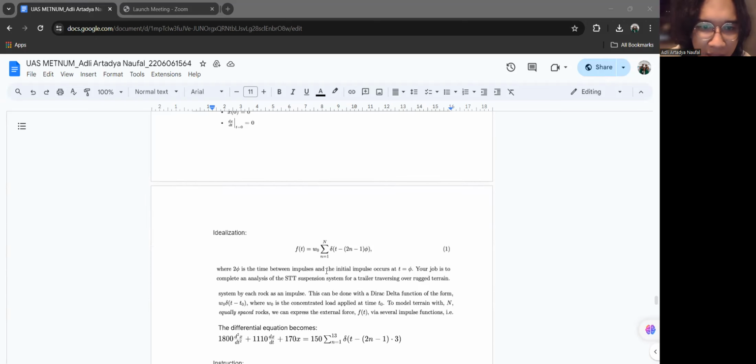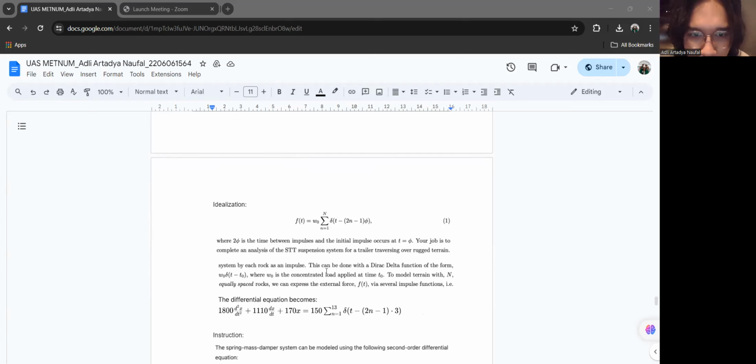And this is the idealization. And this is the function of t, where 2 theta is the time between impulses, and the initial impulse occurs at t. Your job is to complete an analysis of the suspension system for a trailer traversing over rugged terrain.